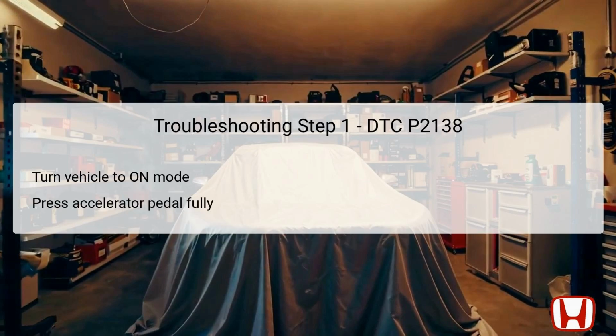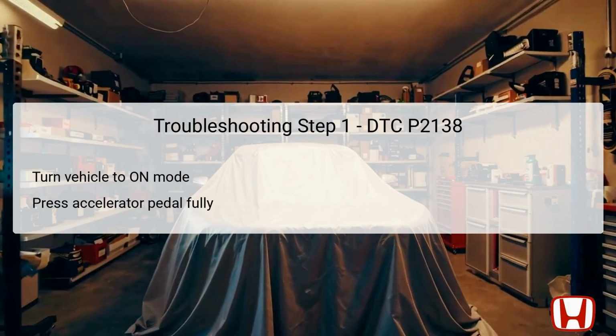The first step in troubleshooting DTC P2138 involves turning the vehicle to the on mode without starting the engine. This mode allows for various systems within the vehicle to power on without engaging the engine. Once in this mode, the next action is to press the accelerator pedal completely to the floor.